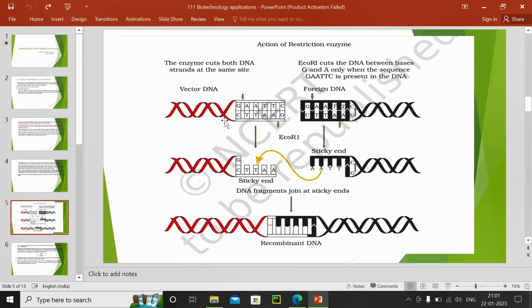And on this recognition sequence, the restriction enzyme EcoR1 cuts in between G and A, in the sugar and phosphate backbone. It cuts, and after cutting, here also it cuts in between G and A. Okay.